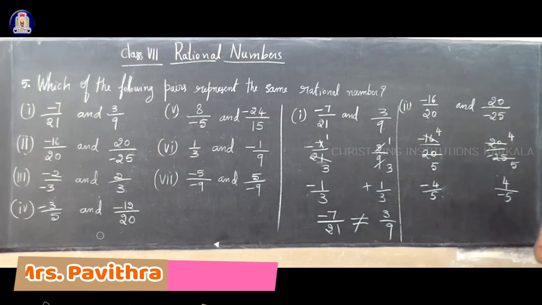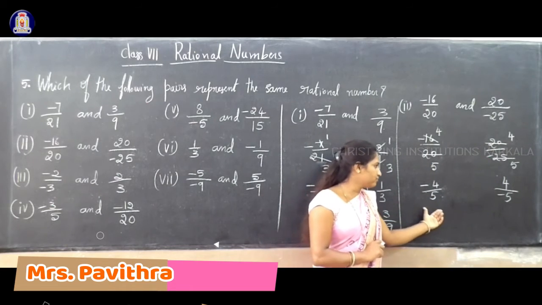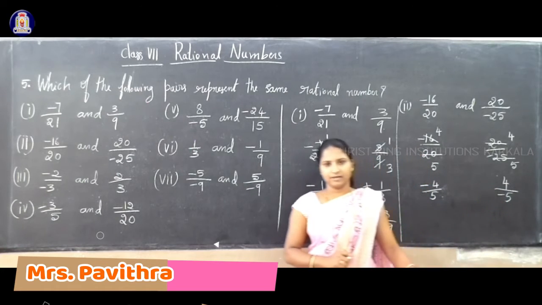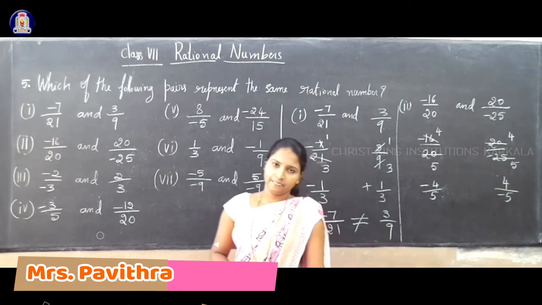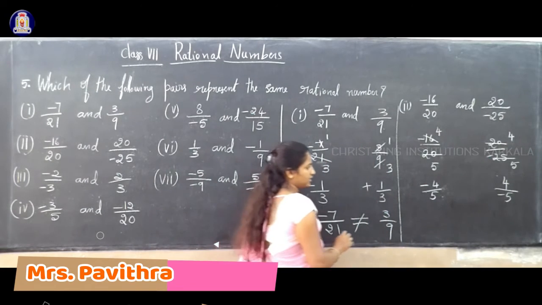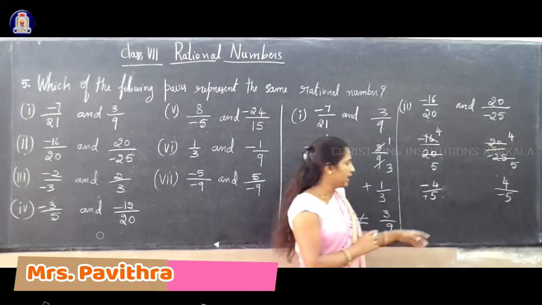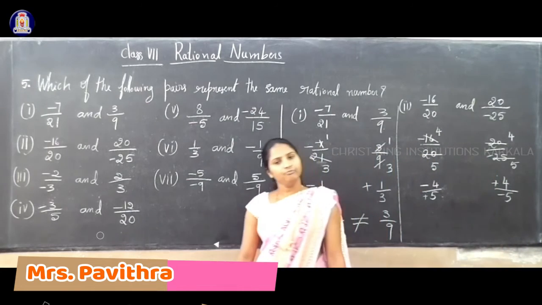Here now observe minus 4 by 5 and 4 by minus 5. Is it one and the same? 4 by 5 and minus 4 by 5, is it the same? Yes. So these numbers are the same. Means the sign is minus in the numerator and plus in the denominator, and here the sign is plus in the numerator and minus in the denominator.